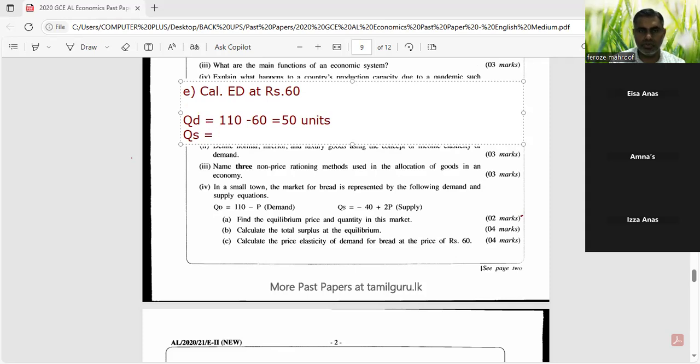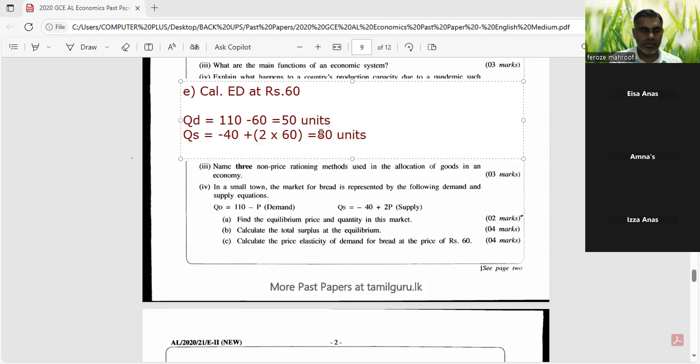So the QS function, you know, is minus 40 plus 2 into 60, within bracket. Then minus 40, 2 into 60, sorry, so 120, therefore 80 units. 80 units, that is QS.